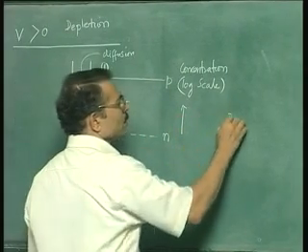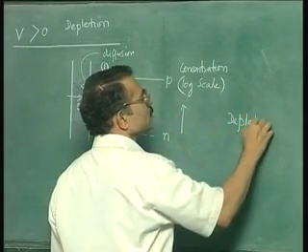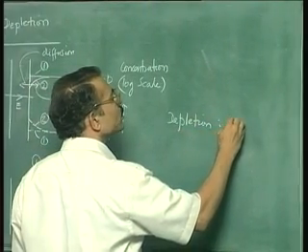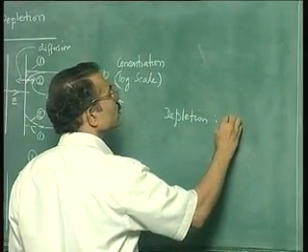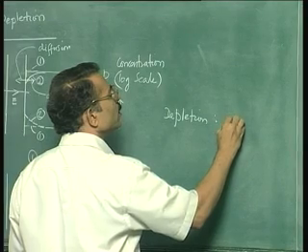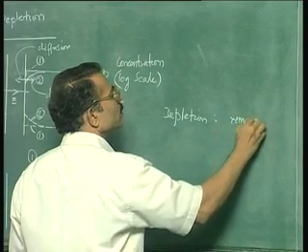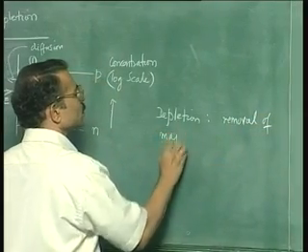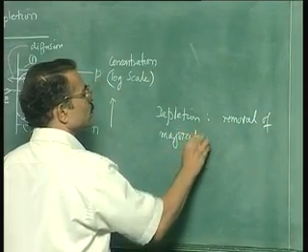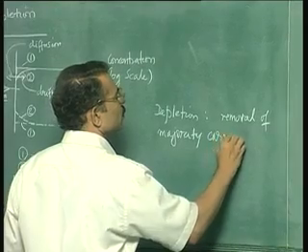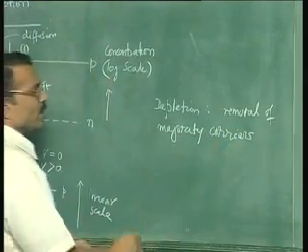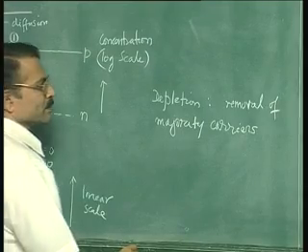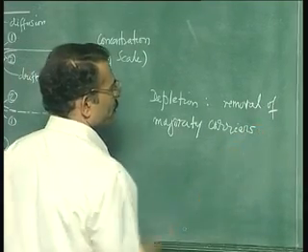Depletion means removal of majority carriers. So accumulation involved pile up of majority carriers, here it is removal of majority carriers.